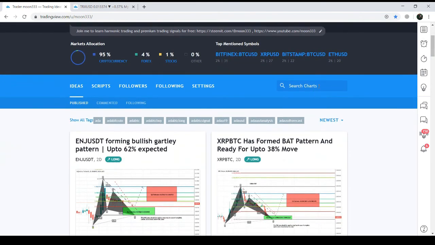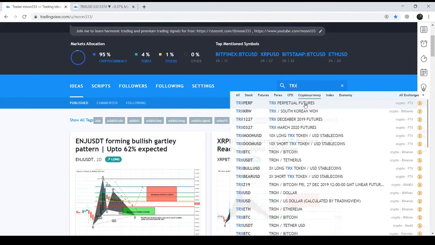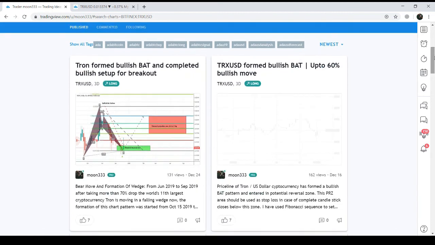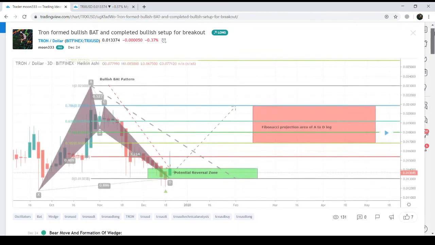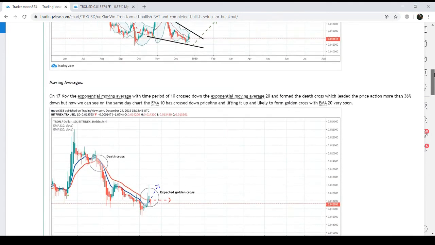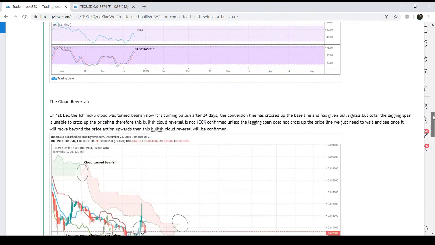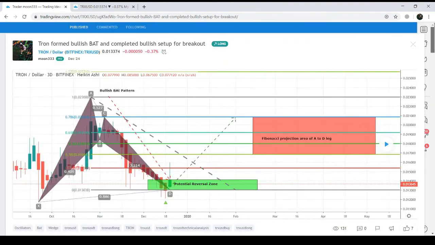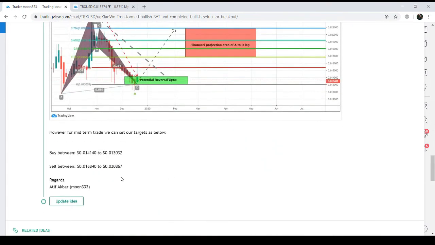Now let me show you the targets which we should have set for our TRX US dollar trade, which I have just shown you previously. And this is the chart I've published, and this is even a complete article I've shared on TradingView. You can read the whole article, but I'm just going to show you the targets. These are the targets.